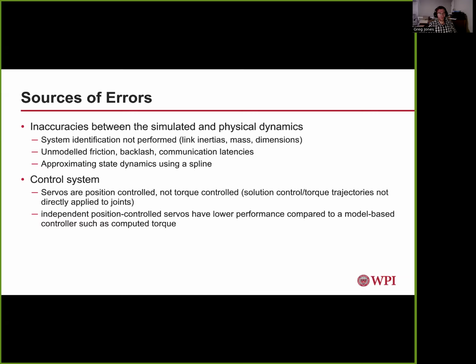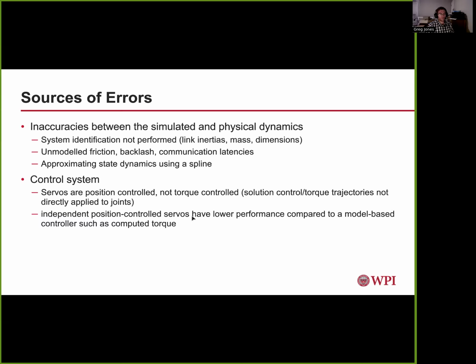They weren't torque controlled, so they had to take position input, whereas the actual optimization problem assumed torque control. If the actual robot isn't torque controlled, then it's not taking the solved control trajectory, so there are going to be some errors related to that.